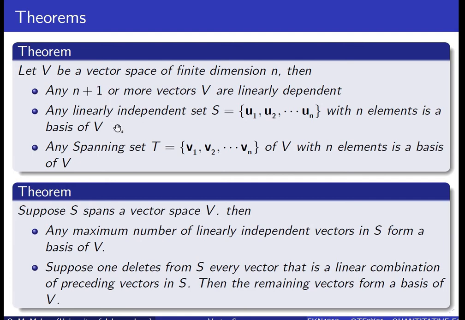So if we're in R3, we need 3 vectors to span our 3-dimensional space.